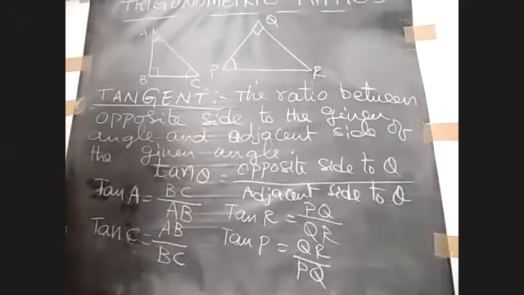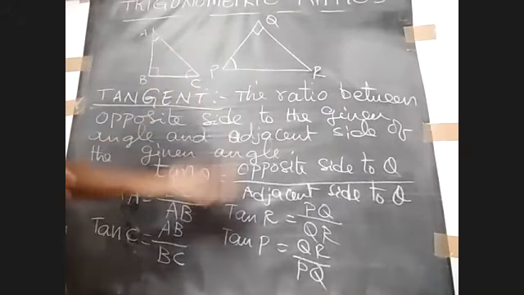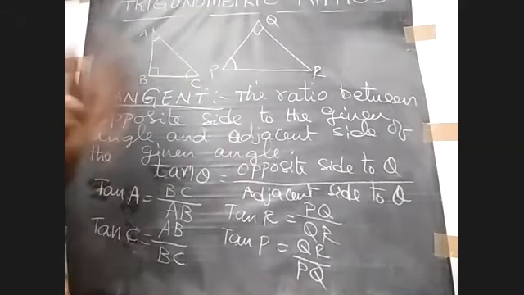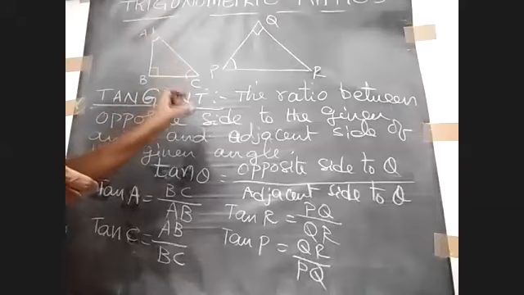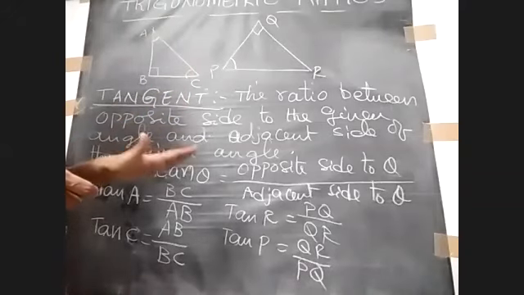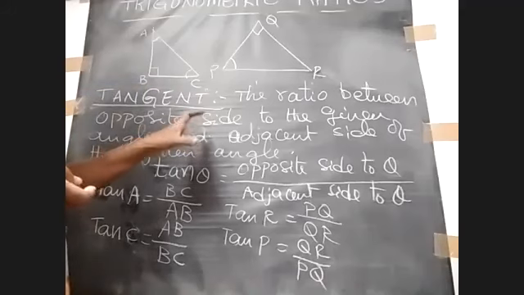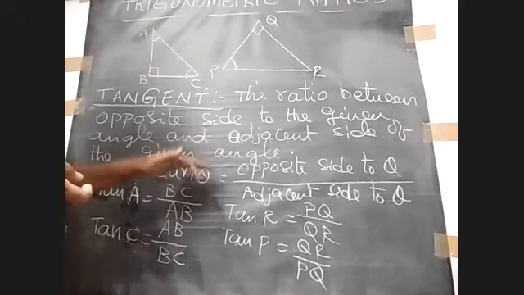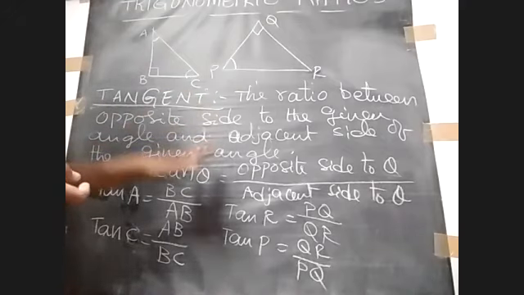It is a right angle, so we cannot give the hypotenuse or an adjacent side or an opposite side for that right angle. We are discussing these trigonometric ratios only for acute angles in a right angle triangle, not for the right angle.